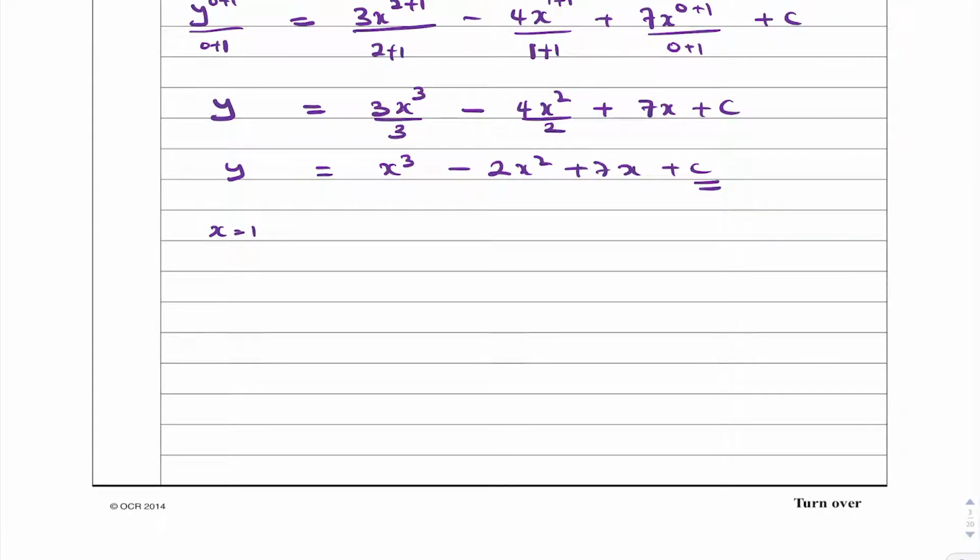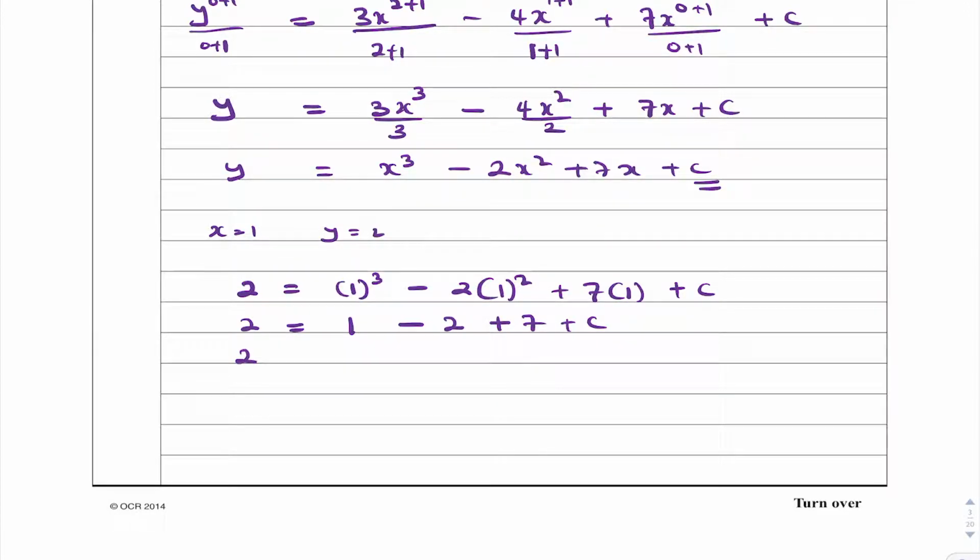If you put that back in, I get 2 equals 1 cubed minus 2 into bracket 1 squared plus 7 into bracket 1 plus c. 2 equals 1 minus 2 plus 7 plus c.